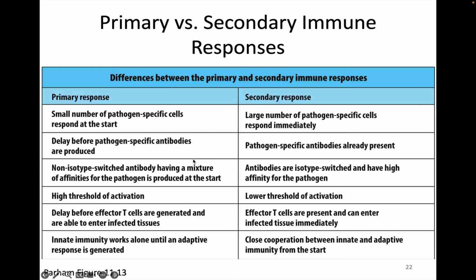If we're thinking specifically about B cells, remember that in the primary response, we have not yet gone through the germinal center reaction, and so we do not yet have class-switched antibodies. We also have this mixture of affinities, so we might have some IgM that might not be useful against the pathogen, and it might only have kind of meh affinity. Whereas by the secondary response, we've had those B cells get time to undergo the germinal center reaction.